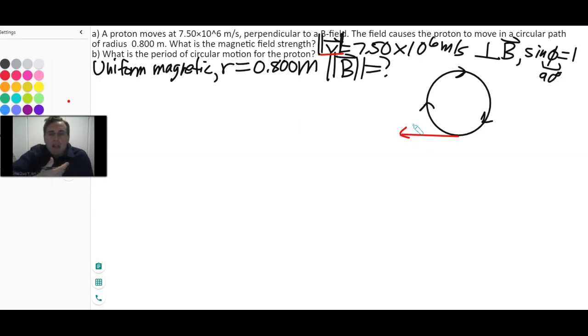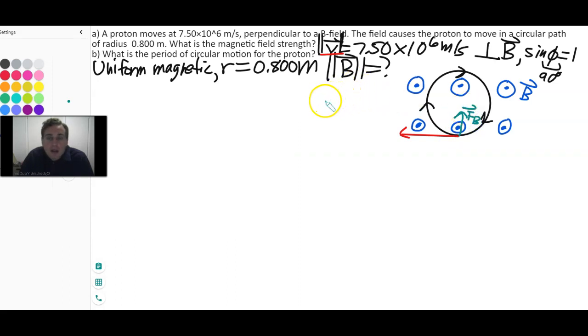Now, if B is out of the page, where these dots represent magnetic field vectors, out of the page everywhere and uniform, then qv cross B gives a centripetal force directed towards the center, and that's also the magnetic force, F sub B vector.